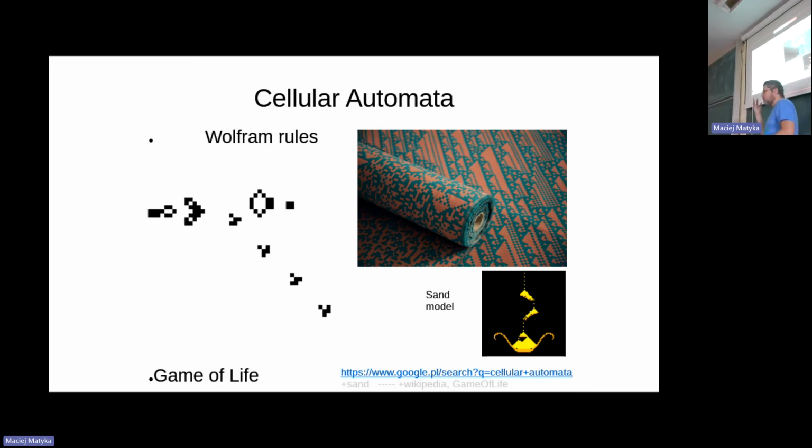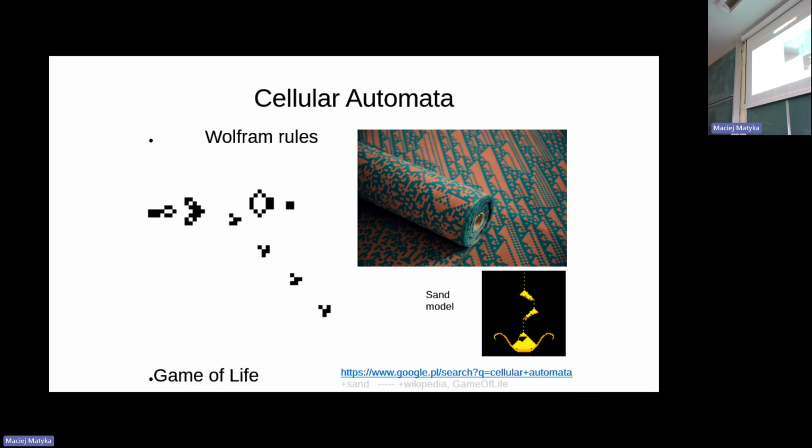So this is the ground idea of cellular automata: you have a grid of cells, and you have some rules that you apply to each of these cells at once. You basically apply the algorithm to each of the cells.